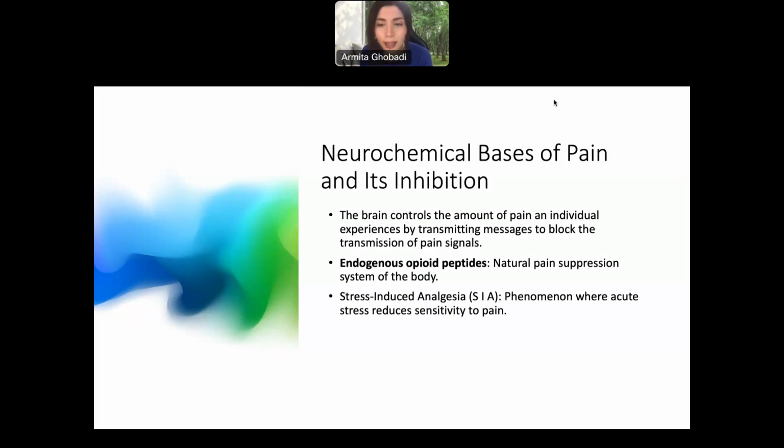Another idea here is stress-induced analgesia, which is a phenomenon. Whenever you are having a lot of stress in your life, stress is going to reduce your sensitivity to pain. I know it is kind of crazy because so far I was telling that people who are anxious are going to report more symptoms to their doctor.